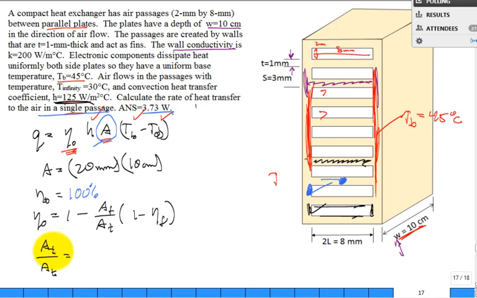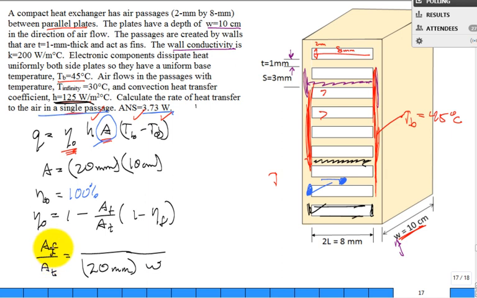And so for the total, it'll be our 20 millimeters times our length, W, but it's going to cancel. And then this is the area of the fin.